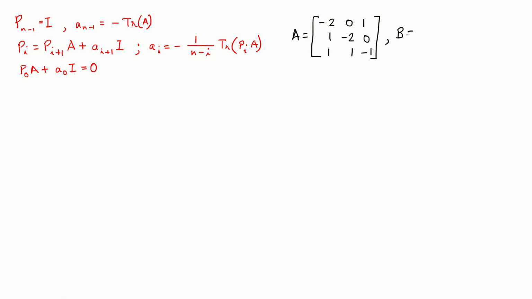B actually we don't need for calculation of sI minus A inverse. We would calculate the transfer function, that's why we need B and C. C is 2, 1 minus 1. D we have considered to be 0. So let us start.